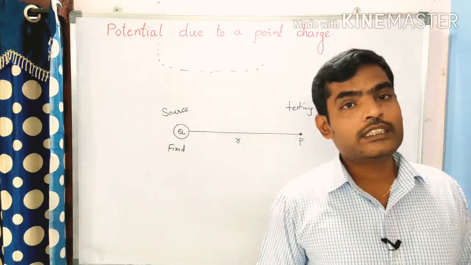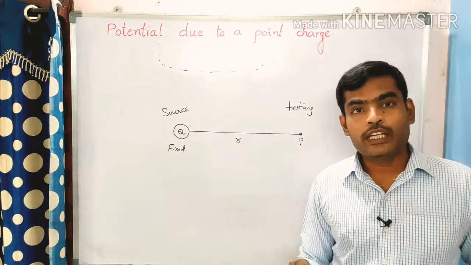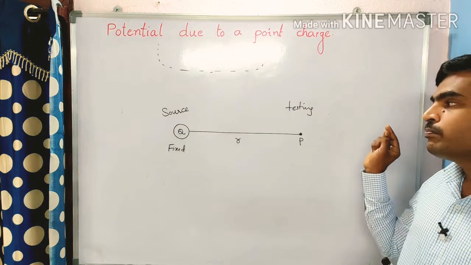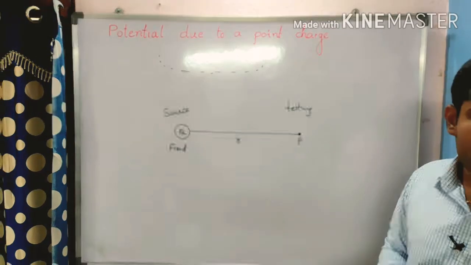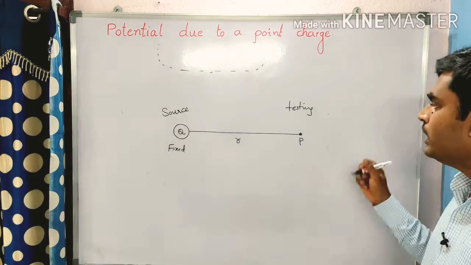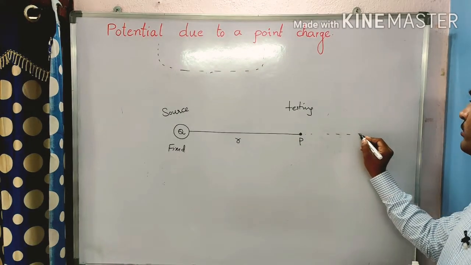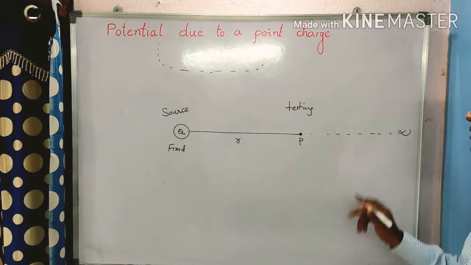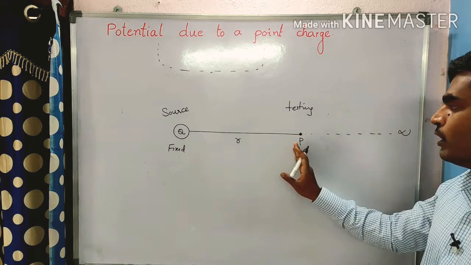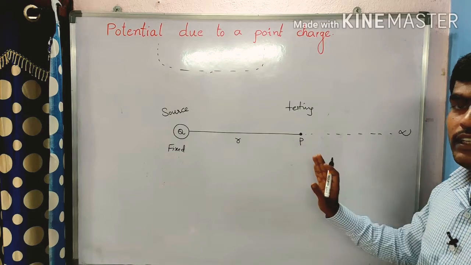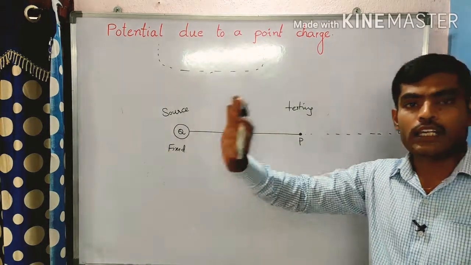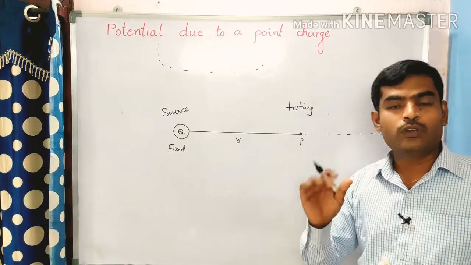Electric potential is the work done in bringing a charge from infinity to a fixed point. Means if you bring a charge from infinity to a particular point, how much work will be done, that work done we have to calculate now, right?